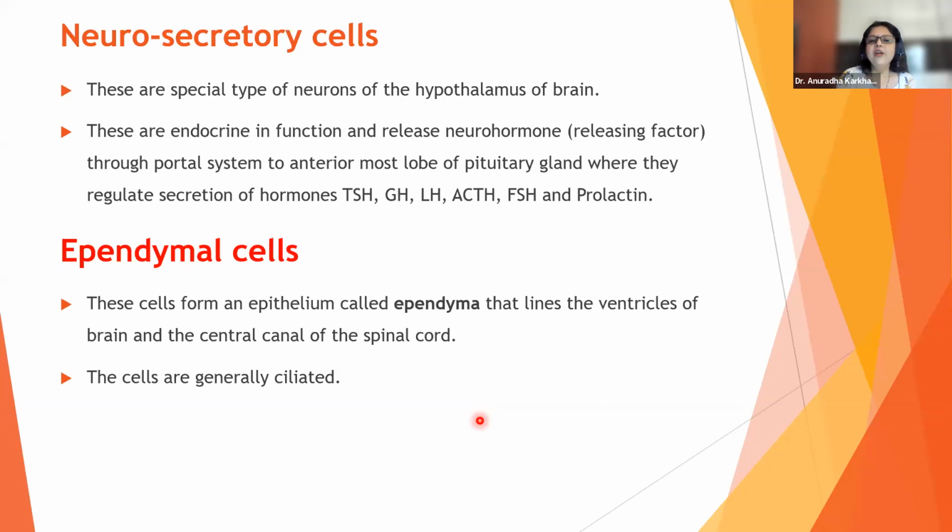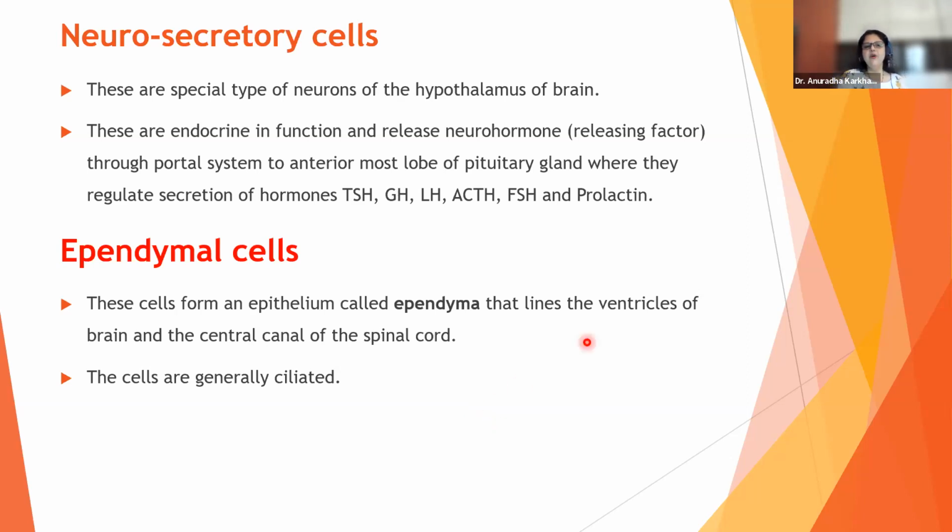These are endocrine in function and release neurohormones, that is releasing factors, to the portal system to the anterior lobe of the pituitary gland, where they regulate secretion of hormones like thyroid stimulating hormone, GH, growth hormone, LH, luteinizing hormone, ACTH, adrenocorticotropic hormone, FSH, follicle stimulating hormone, and PRL, that is prolactin.